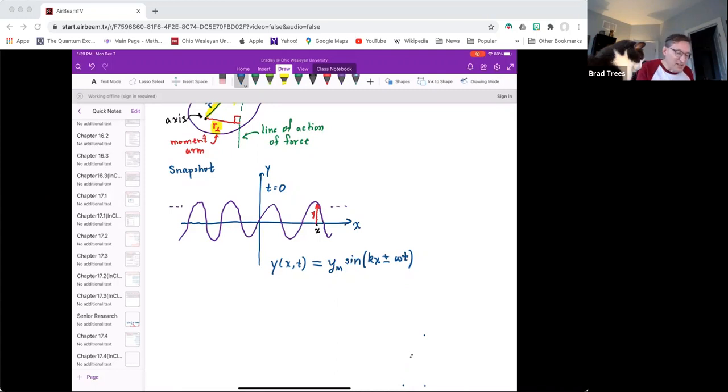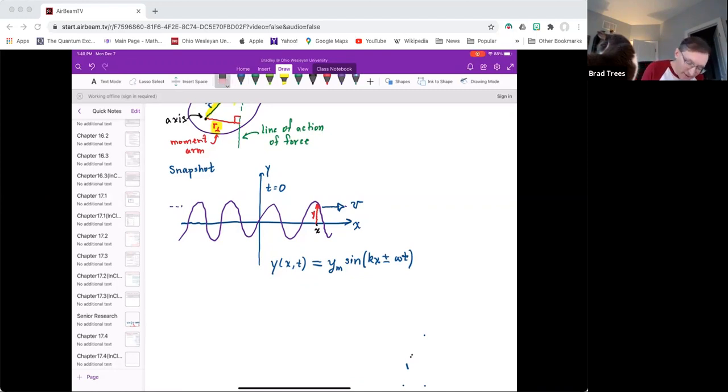The wave is the disturbance itself. The wave in this string is traveling either right or left, plus x or minus x. There's nothing in my snapshot that would tell you, so you have to be told that the wave is traveling in the plus x direction at some speed v. v is the speed of the wave, the disturbance that's traveling on the string.